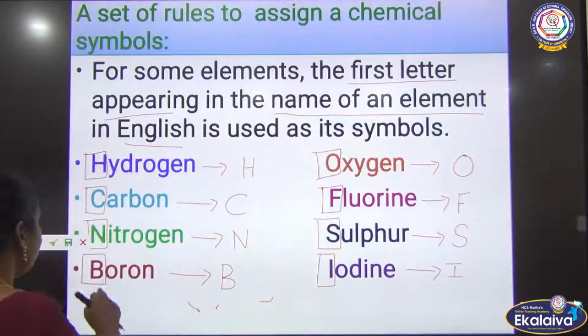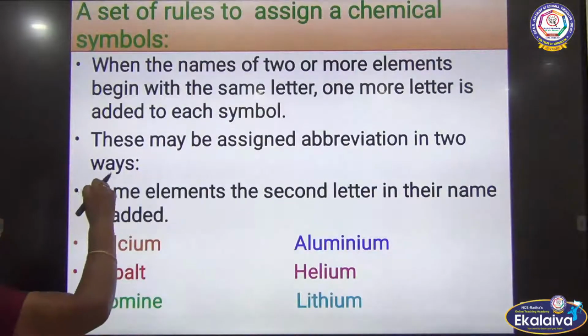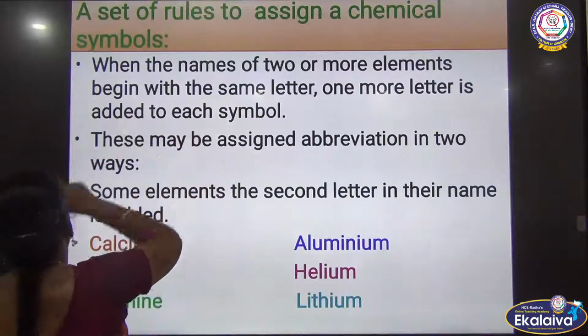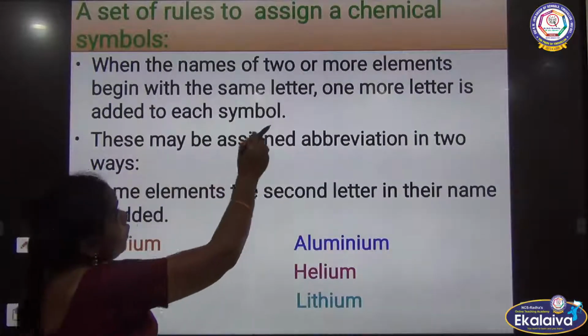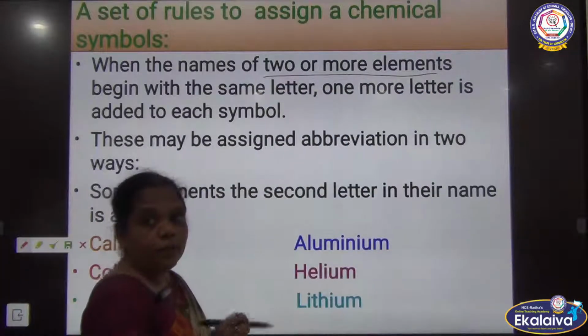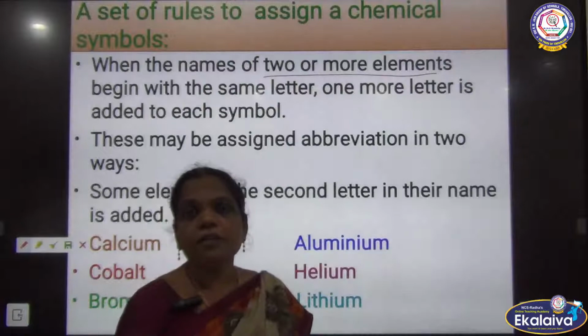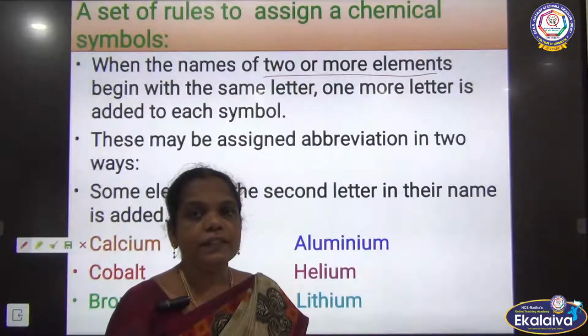And the next rule is, when the name of two or more elements begins with the same letter. Now what I said, C means carbon, H means hydrogen, O means oxygen, S means sulfur.